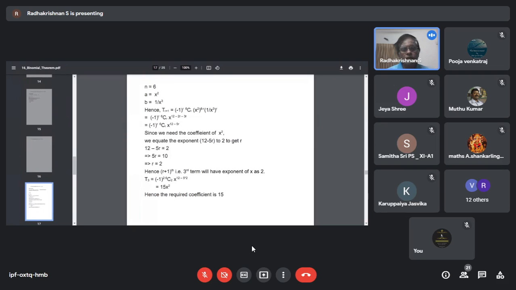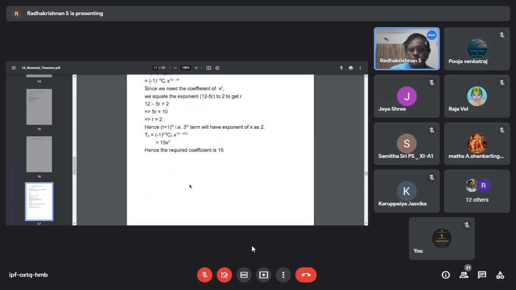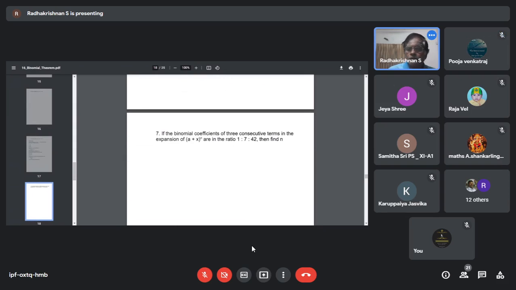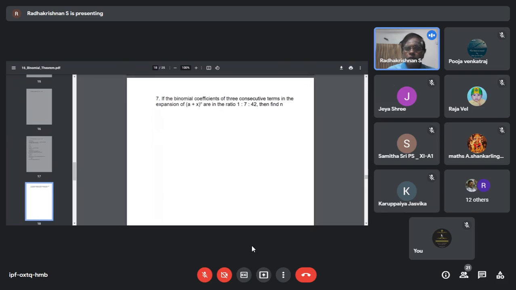That is how it comes to 15. Okay. Is that clear? Understood that NCR formula? NCR is n factorial divided by n minus r factorial. Right. This is also the same kind of thing.